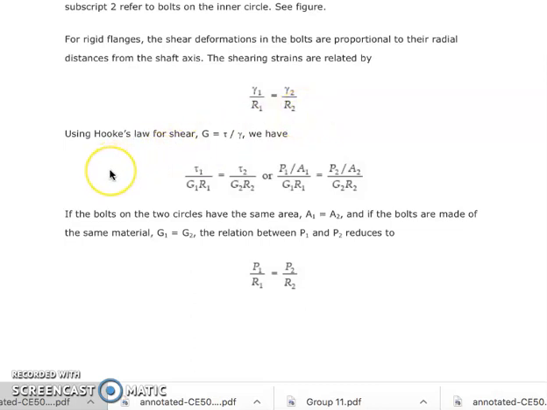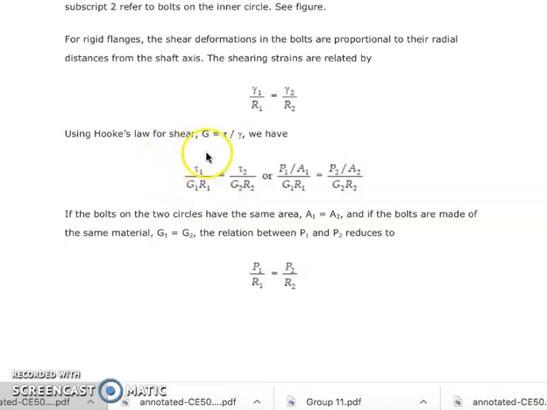And using Hooke's law for shear, we have the equation that the modulus of rigidity, denoted by G, is equal to tau all over gamma, and that will be equivalent to this expression.